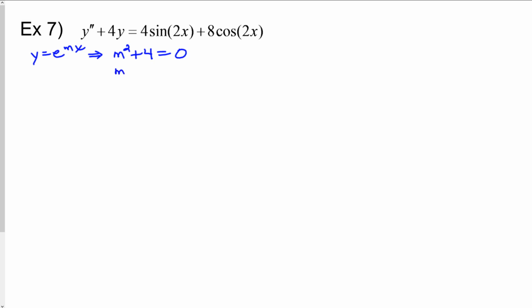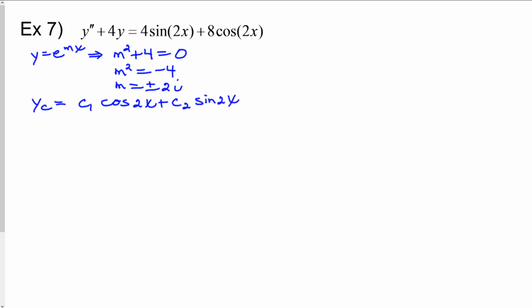Or m squared equals negative 4 and m equals plus or minus 2i. So pure imaginary roots, which leads us, of course, to y sub c equals c1 times cosine 2x plus c sub 2 times sine 2x.